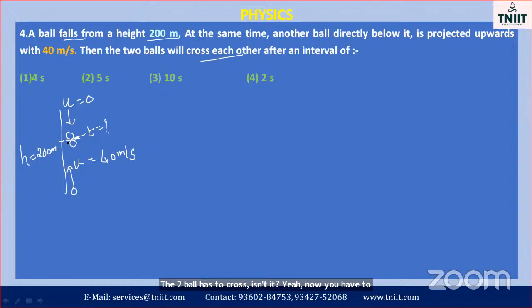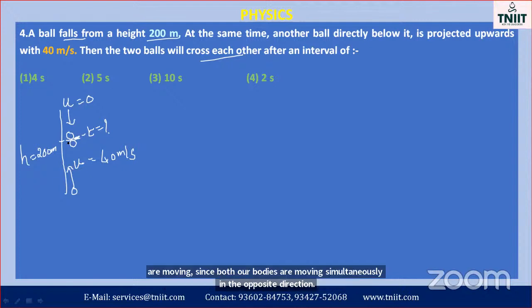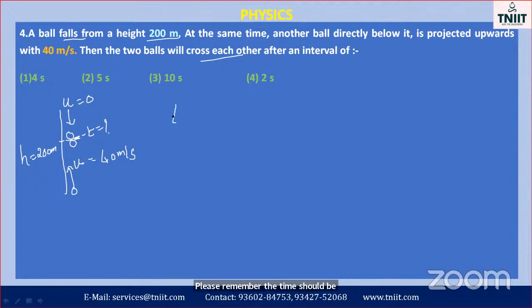Why? Because relative velocity is the velocity with which one body is moving with respect to another body. Since both the bodies are moving simultaneously in opposite directions, please remember the time should be taken with respect to the relative velocity.